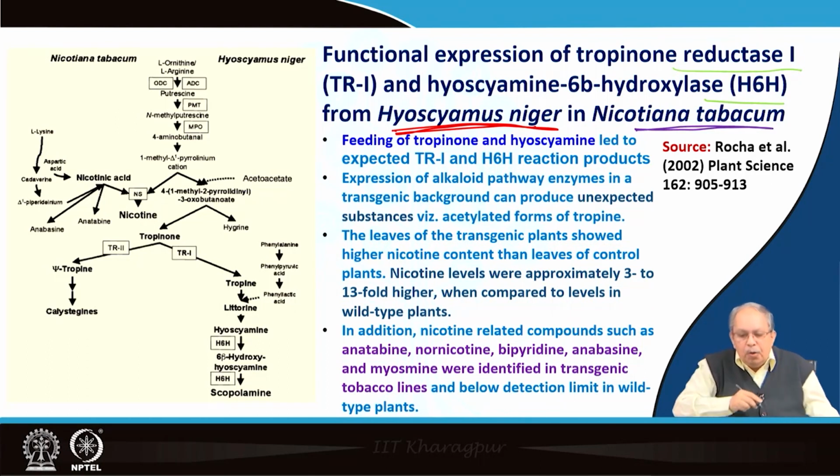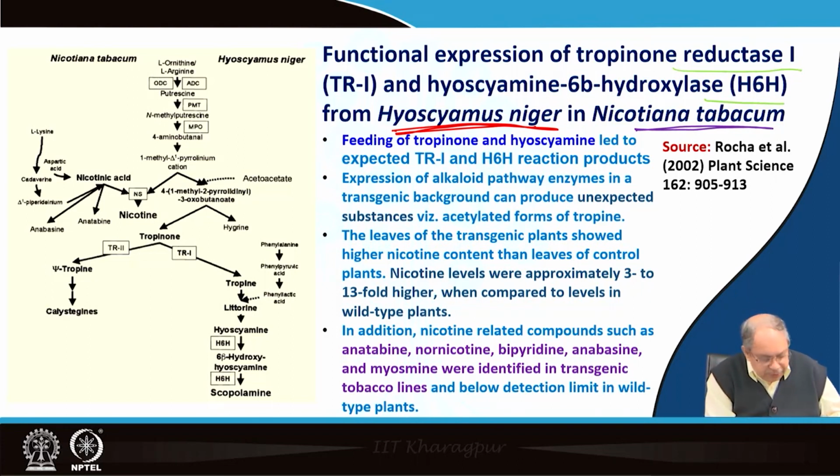Again, the tobacco plant is not producing tropane alkaloid. So, they transferred TR1 as well as H6H into tobacco and wanted to see what happened. The interesting thing is that the tobacco plant expresses TR1 and H6H, but it will not produce the tropane alkaloid because the substrate is not available.